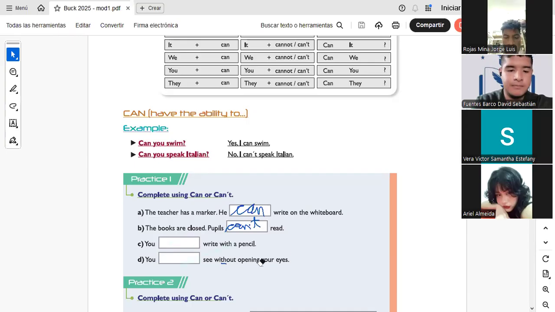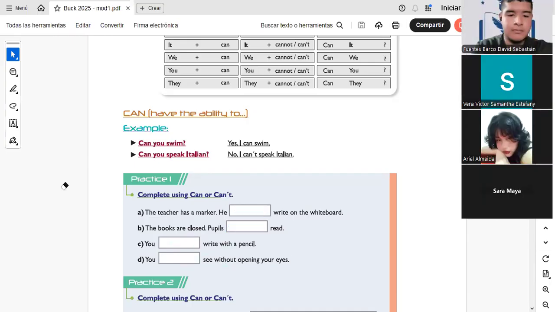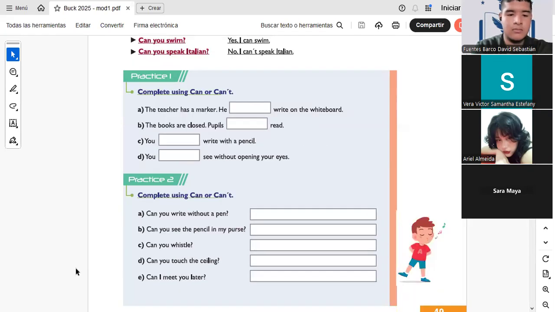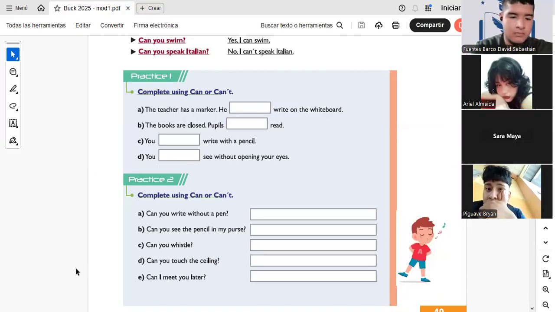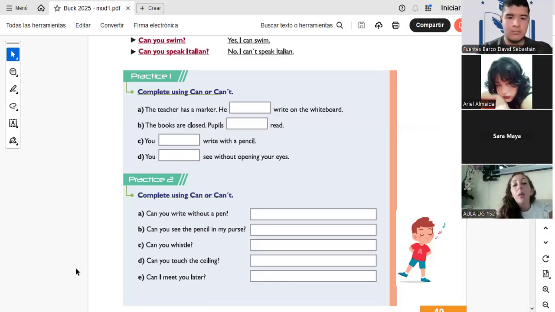I'm going to erase everything here, and we're going to continue with the next exercise, okay? In practice 2, it says that you have to complete these blanks, to answer these questions from letter A to letter D. I'm going to continue with Ariel. Can you write?